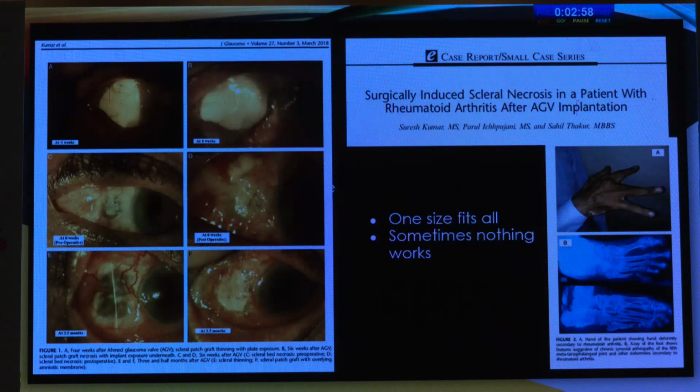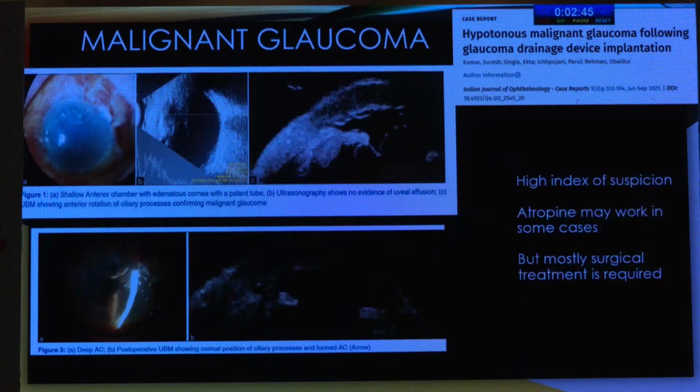Unfortunately, even with systemic immunosuppression, azathioprine, and 2 scleral patch grafts, we were not able to salvage the vision. So we have to be really careful. If the patient has underlying collagen vascular disease, we should avoid implants.